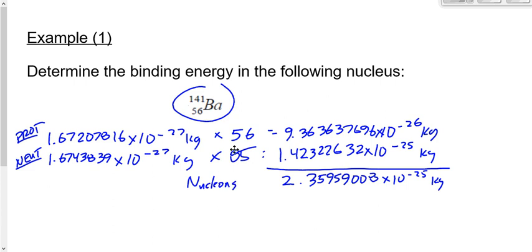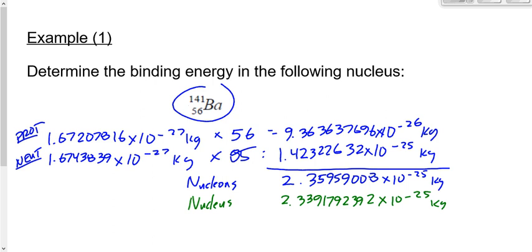What's the mass of the nucleus? The total mass that was given to you of the nucleus. It was given to you in that table, the nucleus of barium-141 is 2.3391792392 times 10 to the minus 25 kilograms. So you can see that the nucleus is slightly lighter than the nucleons.